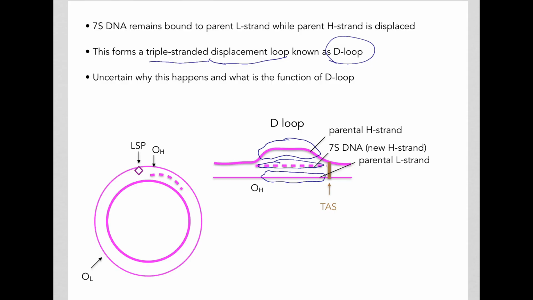So you can see the three strands, the parental H strand, the 7S DNA that is pairing with the parental L strand. This is called a D loop. Why this D loop forms, what's the function of the D loop, we do not really understand. There's a lot of research going on in this area.